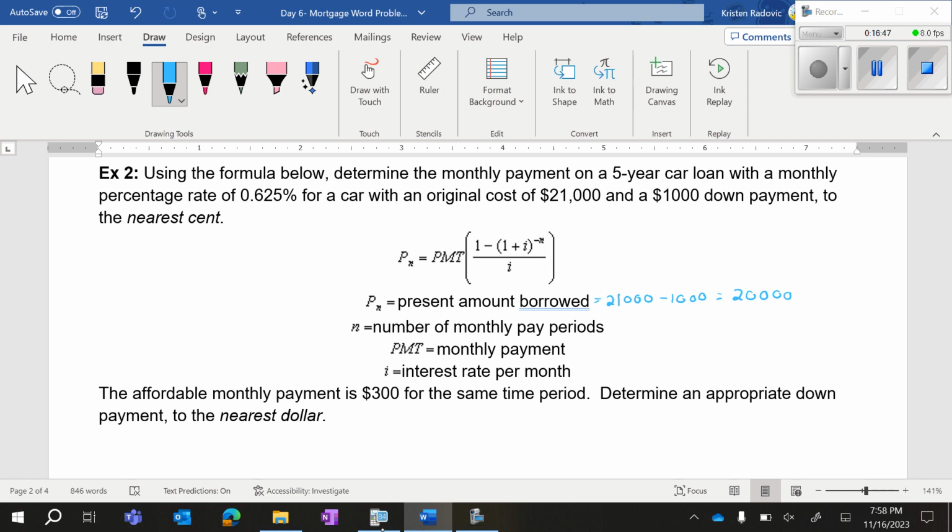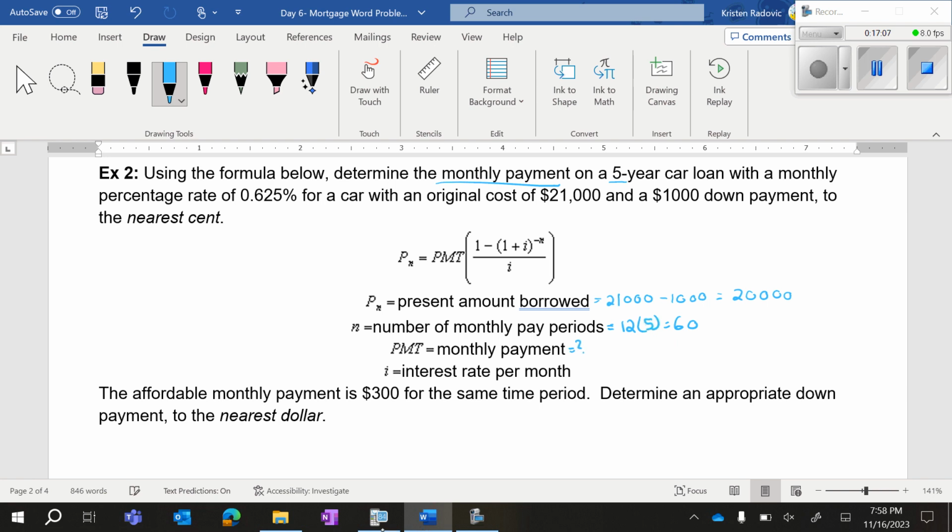You want to figure out your monthly payment. This is unknown, so we're just going to put a question mark here for now. I is your interest rate per month. In this case it's a percentage, so the rate would be 0.00625.